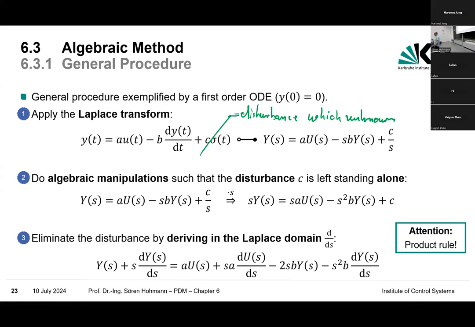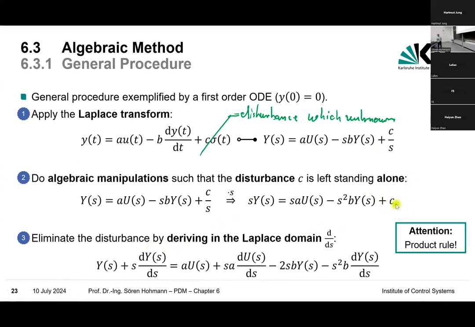You never used it. Here it comes. Here you can use it. Well, what happens if first I multiply this equation by s? I get c on the right hand side here, and all the other terms remain more or less the same, but multiplied with s. And then I do a derivative in the Laplace domain.